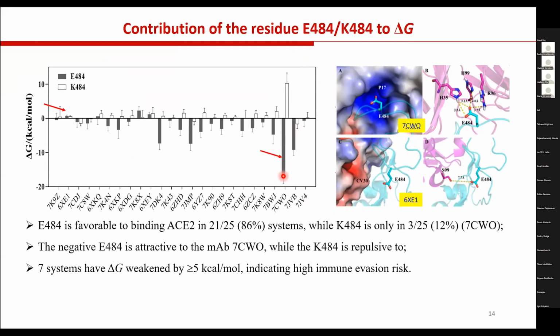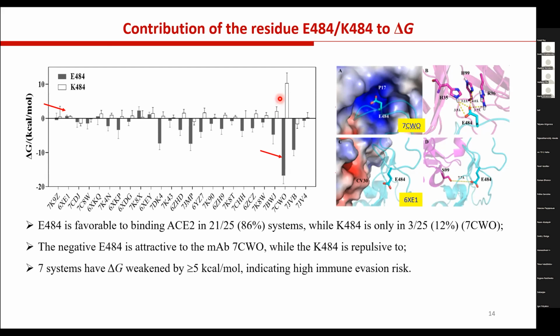For instance, in this system, before mutation, there is a strong attraction between E484 and the antibody, because this area of the antibody is positively charged. After the mutation, this E becomes K, and K is positively charged.